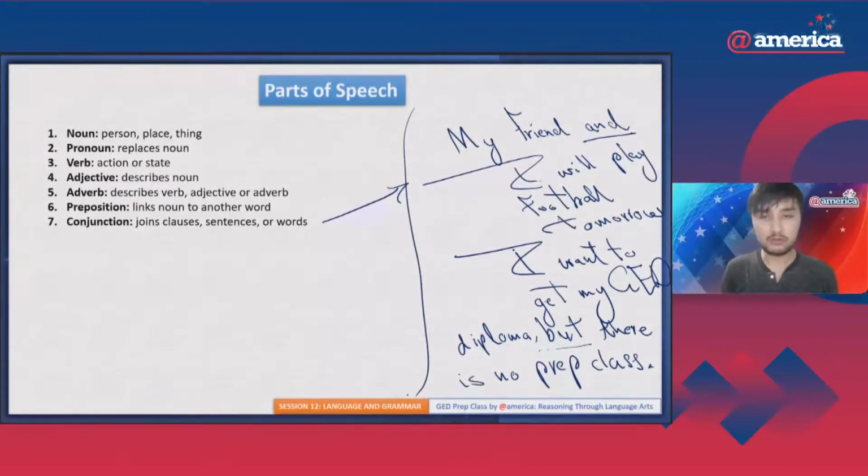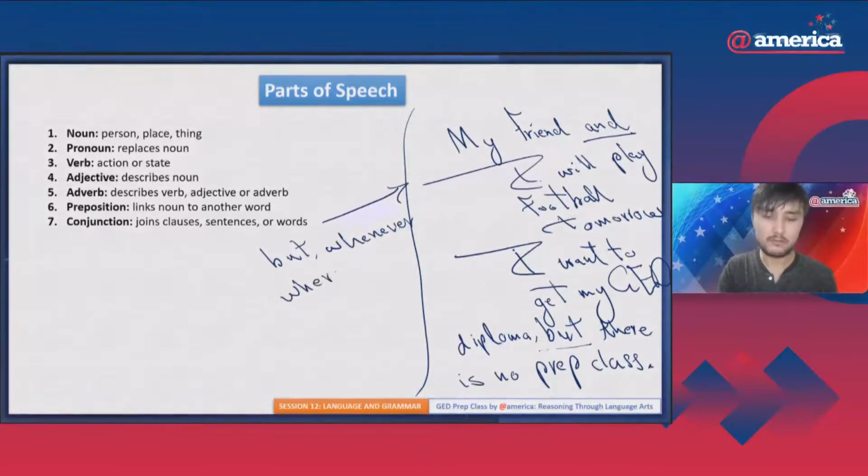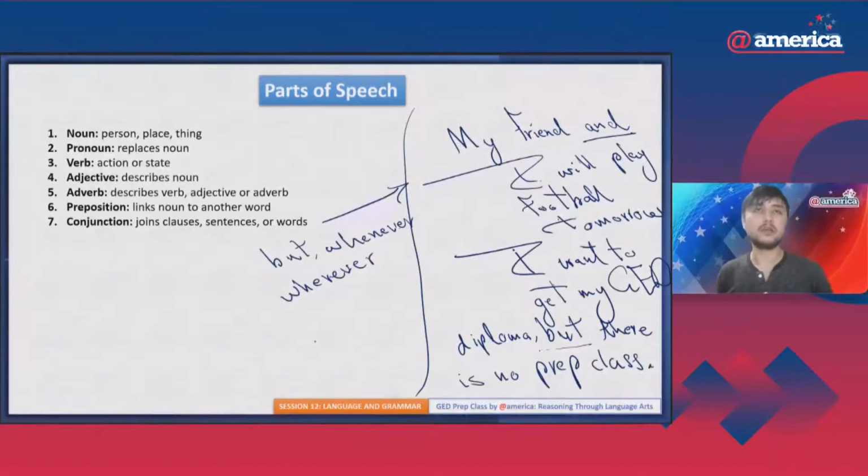For conjunctions, you have conjunctions like but, whenever, wherever, either, neither, although, however, also.